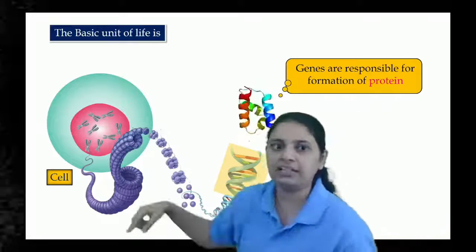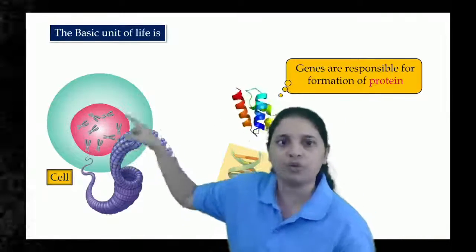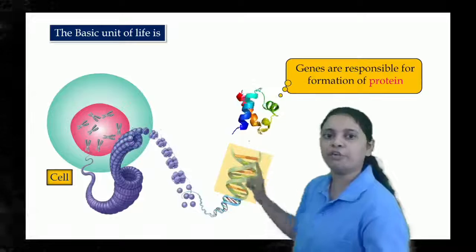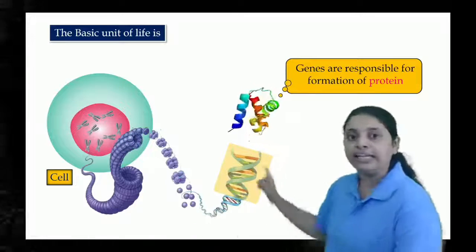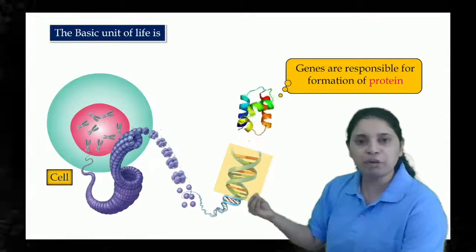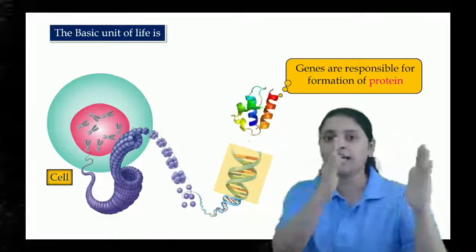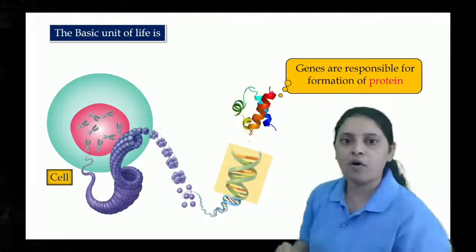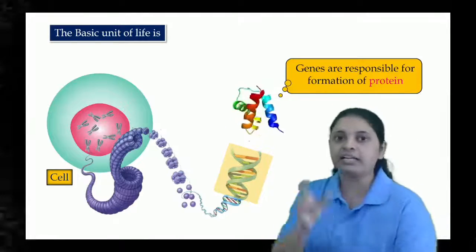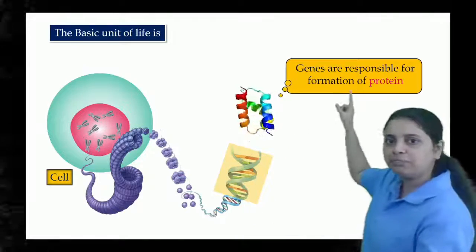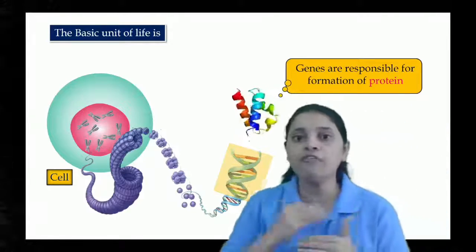See, cells के अंदर nucleus है, nucleus के अंदर chromosomes है, chromosomes are made up of DNA and proteins. DNA has the genetic information, right? Specific segments of DNA are called genes, and genes are responsible for formation of proteins.